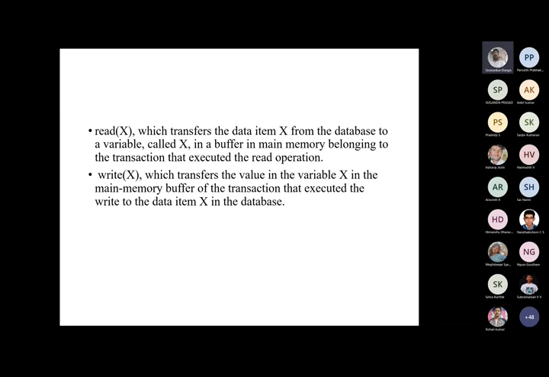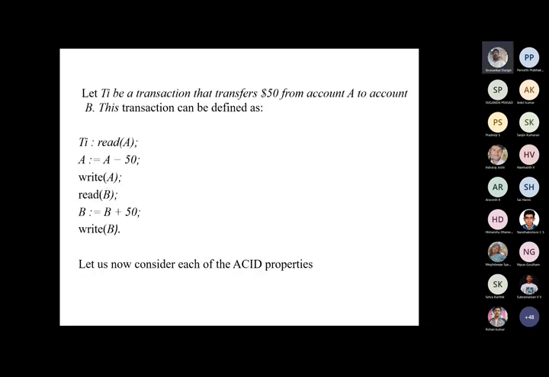Here you are going to load the value of the variable from the database onto the variable X. It's called the read of X operation. And the write of X operation is used to transfer the value of the variable onto the main memory buffer, right?